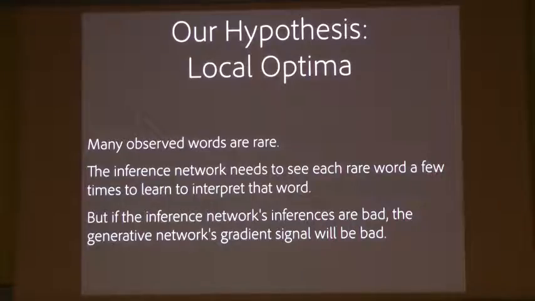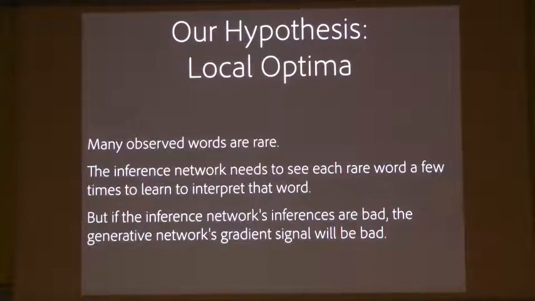But the problem is that until it has done that, the gradient signals that the inference network is sending to the generative model are going to be terrible. They're going to be total garbage. And so we're going to be pushing the generative network in a basically totally random direction, both high variance and biased, whatever bias means in this context. And we're going to basically get stuck in a terrible local optimum.